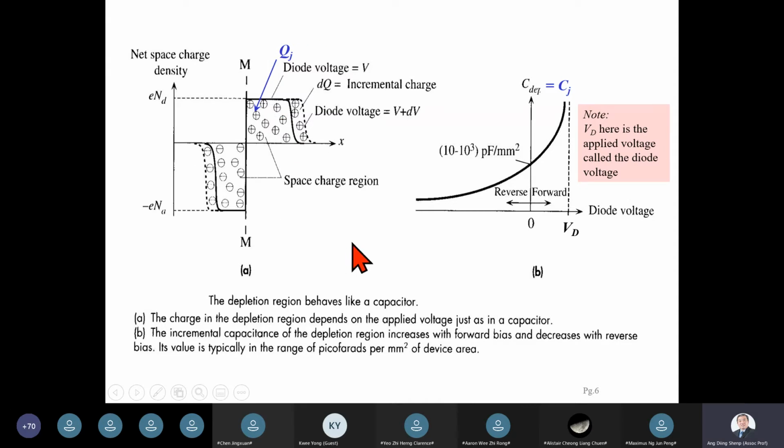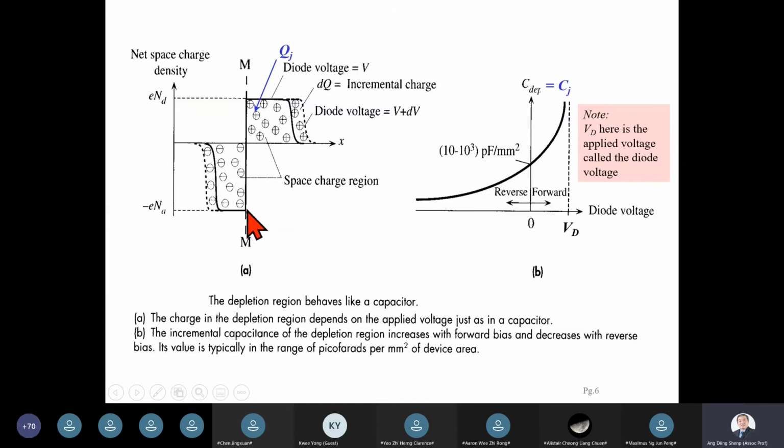Look at this diagram here. This is the metallurgical junction, and M denotes the metallurgical junction. On this side is the P, on this side is the N. How do I know that? Because the space charge is negative on the P side and positive on the N side. The vertical axis represents the space charge density, which is actually the doping density.